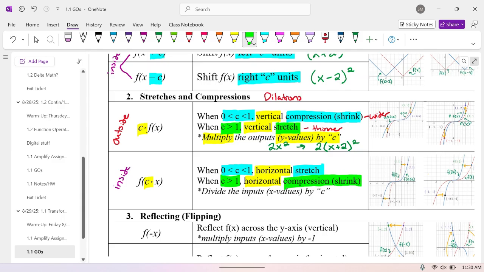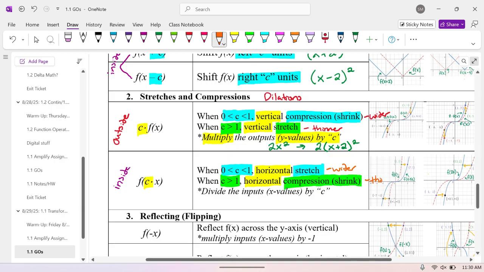Now, how I would think about this, okay? Still looking at my rubber band, but now I'm going to be stretching and compressing horizontally. So this is its parent state. If I stretch it horizontally, what's happening to the graph horizontally? It's getting wider or thinner? Horizontally. Wider. So horizontally, when you stretch it, it gets wider. Whereas if I compress it horizontally, what happens? It gets thinner.